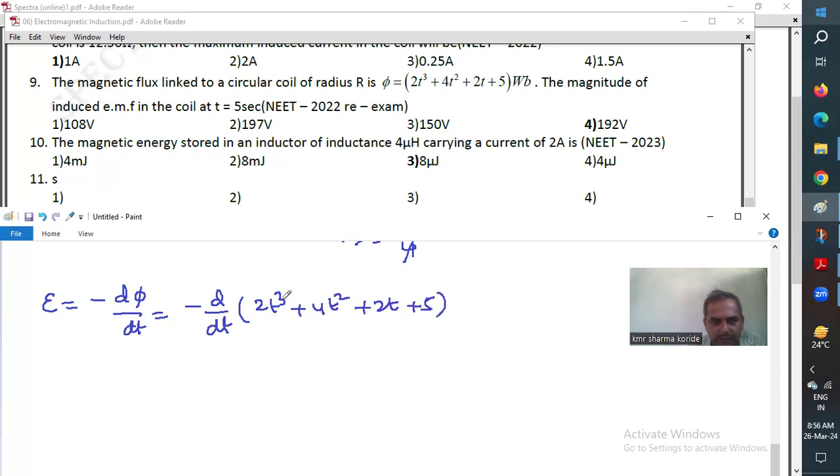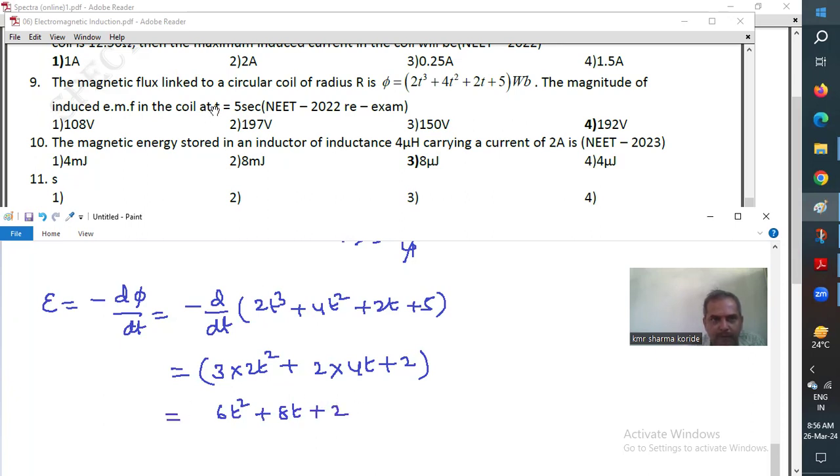It will be 3 into 2t square, because 3 minus 1 is 2. Then 2 into 4t, because 2 minus 1 is 1. Plus 2, and the 5 is a fixed number, so no differentiation. So this is 6t square plus 8t plus 2.